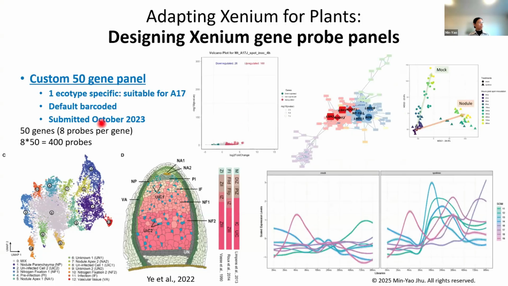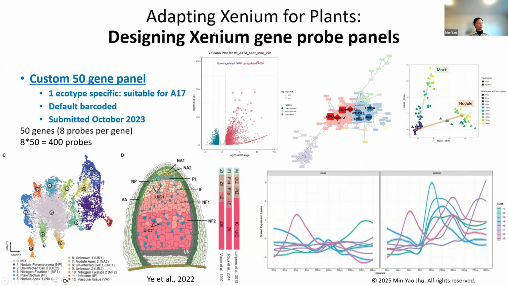So the first thing that we consider is the mature stage with a 50 gene panel. We start by identifying the key regulators based on the time course bulk RNA-seq, and then specifically identify the genes that are upregulated in the process after the inoculation, and also the genes that show up as central hub genes in the gene network.